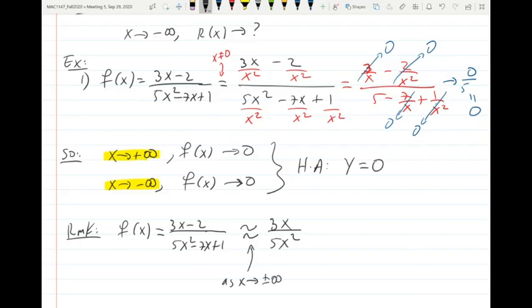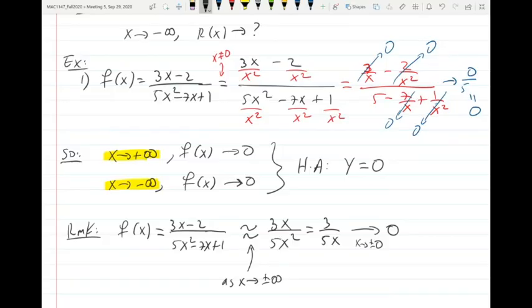When x approaches positive or negative infinity, the lower degree terms really don't matter for the function. So our function will behave just like this quotient. But now this is 3 over 5x, and you can clearly see that this approaches 0 when x approaches positive or negative infinity. So that would be a quicker way of seeing that, instead of having to divide top and bottom by all of those terms.